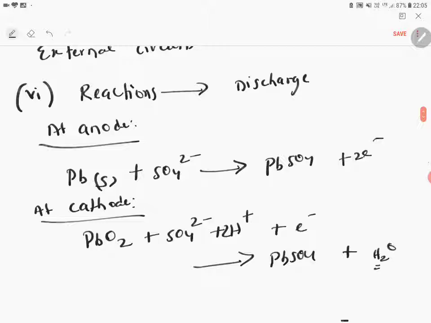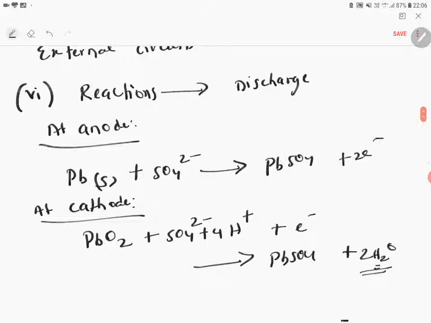So once again oxygen, if you see oxygen, so here it is 4 plus 2, 6, here 4 plus 2, 6. So oxygen is balanced, which means here once again we have to change the hydrogen, we will get 4H plus.